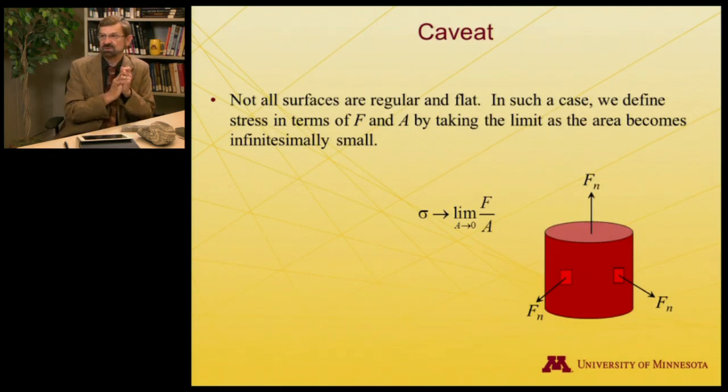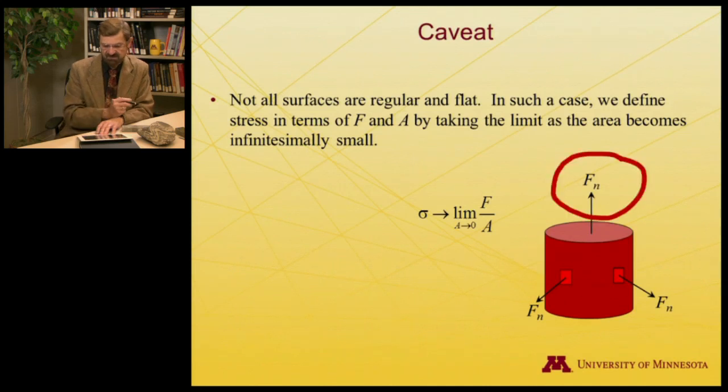So one small point, it's kind of a caveat that's worth saying once. It's not going to be a major issue for what we do, but not all surfaces are flat, as you can see with this illustration of a cylinder, and yet we want to be able to define forces or stresses relative to any particular surface. And it's clear that in this case of the cylinder, defining the normal force to the end surface is very simple. It's a flat plane.